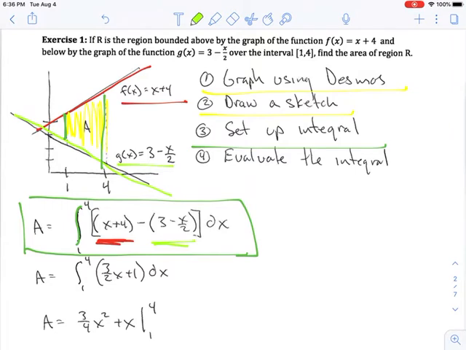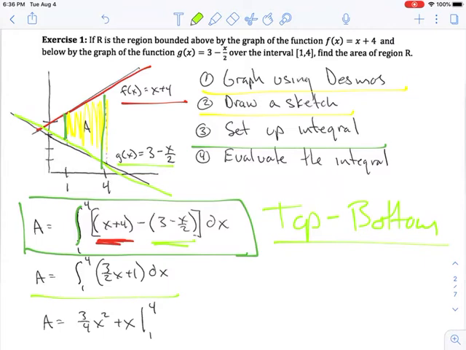It's always the top minus the bottom. Top minus the bottom. You have to know which curve is on top and which curve is on bottom. And it won't always be the same. And it may switch.